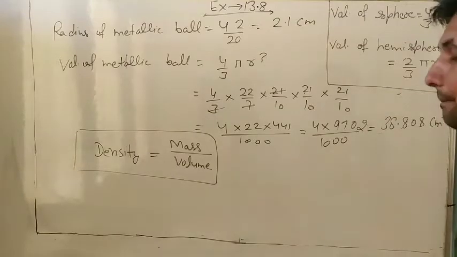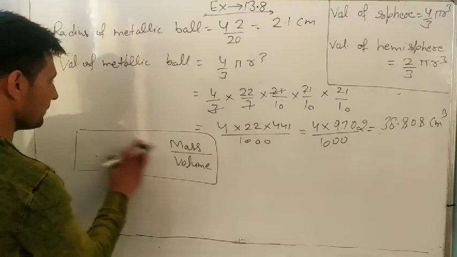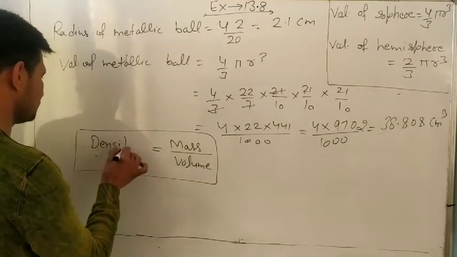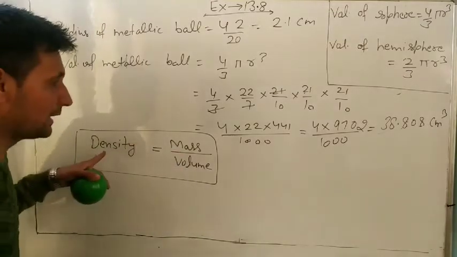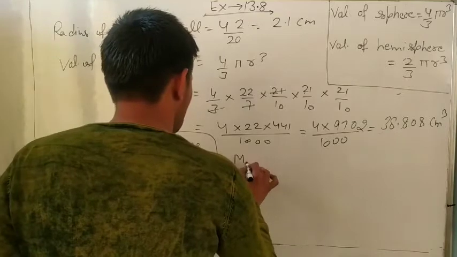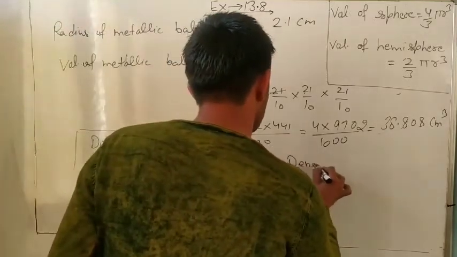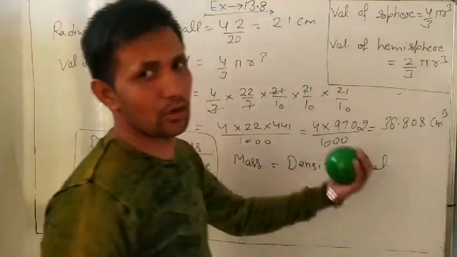Understand or not? But we want to find mass. So if you want the mass, volume goes to the other side and multiplies. So mass is always equal to density into volume. I think you already learned this.